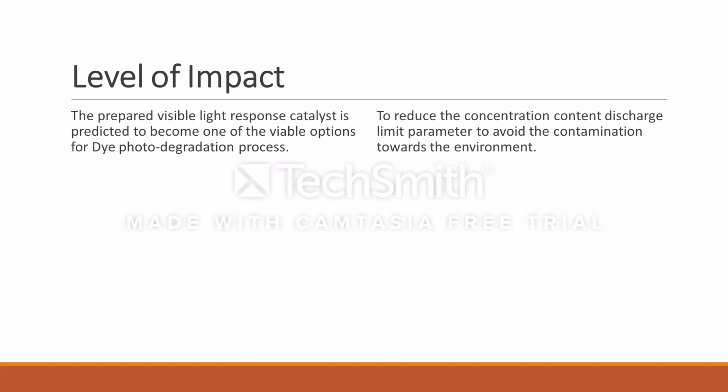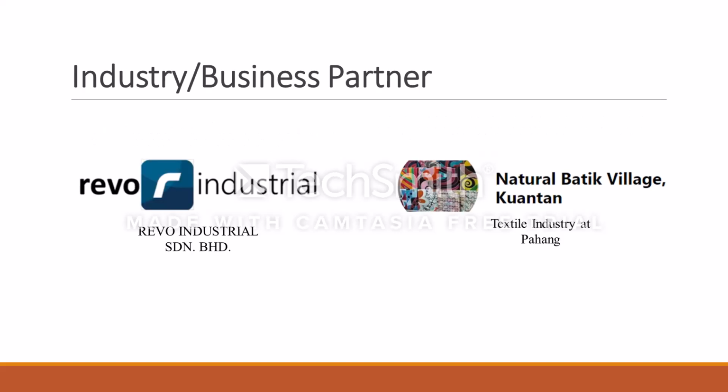Second, we are able to reduce the concentration of fountain discharge, which refers to the environmental element. For industrial partners, we do some collaboration with Rebound Industrial Berhad, and Natural Basket Village is our potential industrial partner.